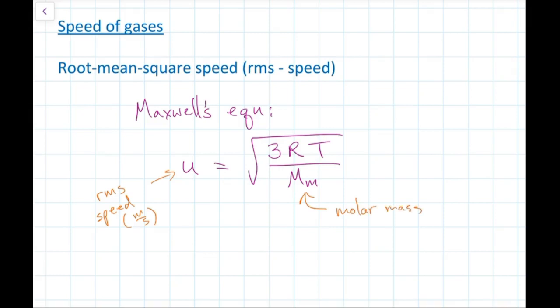T, of course, is temperature. It's got to be measured in kelvins. The R value here is 8.31, so it's like our kPa. I'm not going to get into too much why that is the same as kPa.